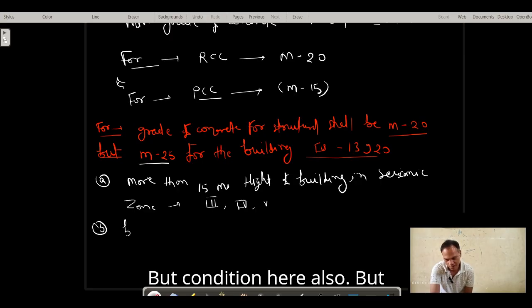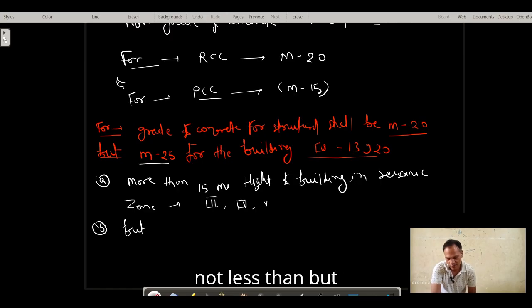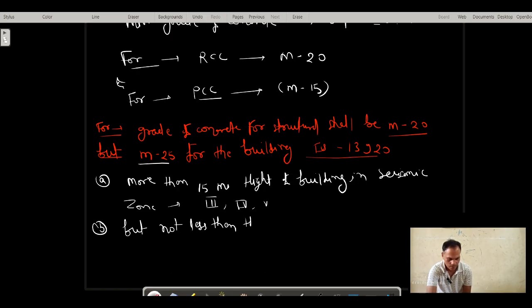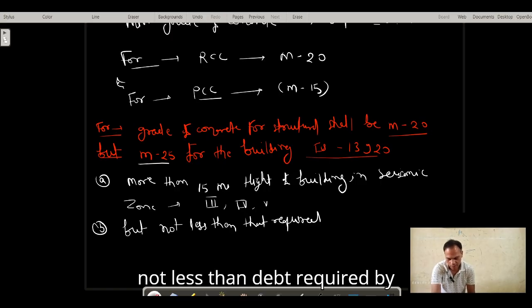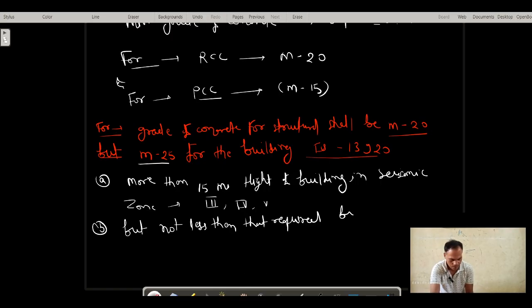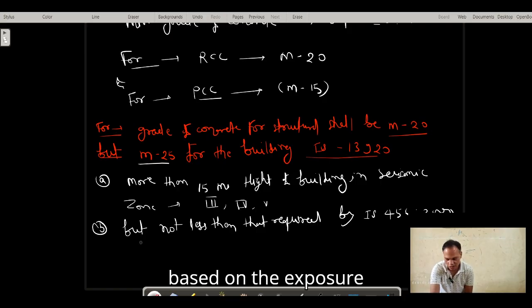But there is a condition here also, but not less than the grade required by IS 456:2000 based on the exposure condition.